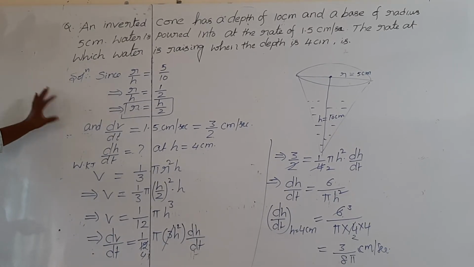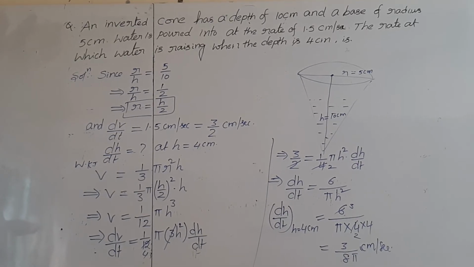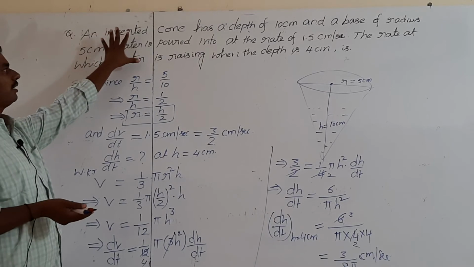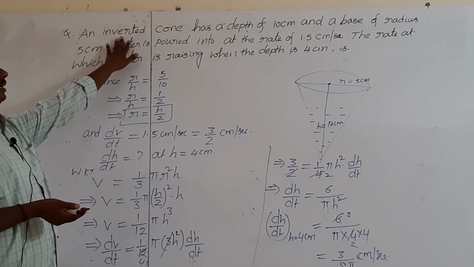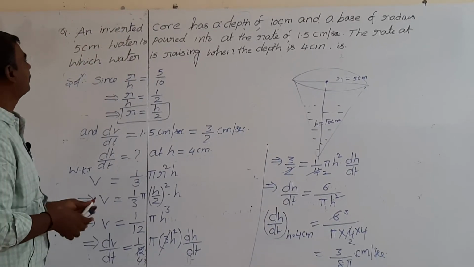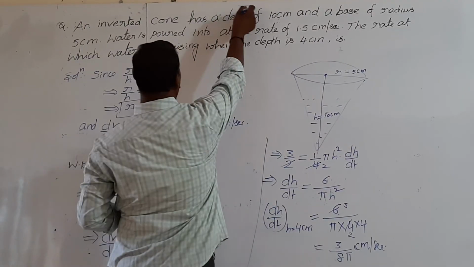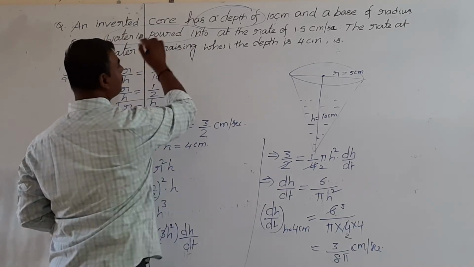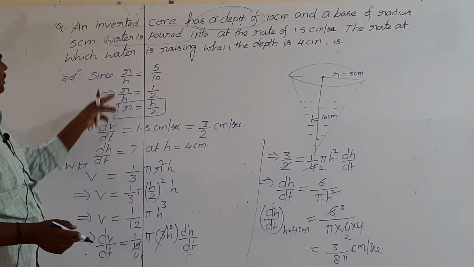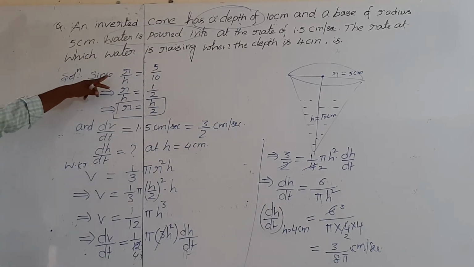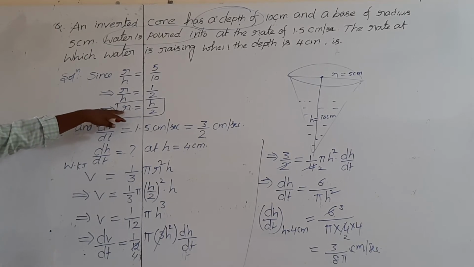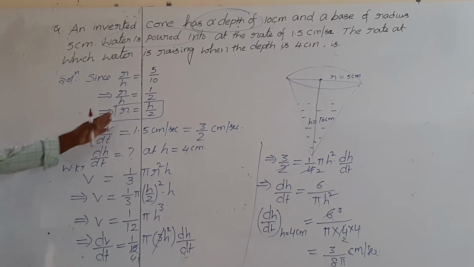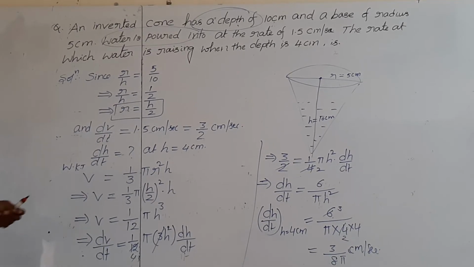So we should recognize cone model questions. Once again, read the problem. What is the main concept here? How many quantities are there? One is depth and the other one is volume. Water is poured in here. According to the data, the relation between radius and height is given: r by h equal to 1 by 2, or r is equal to half of the height.